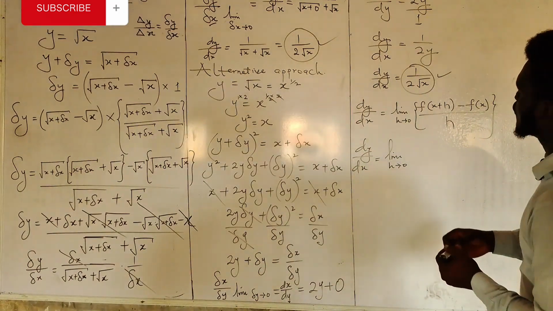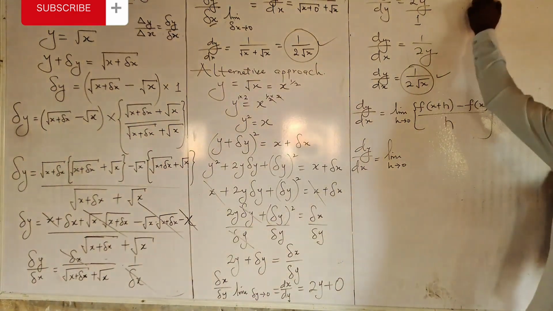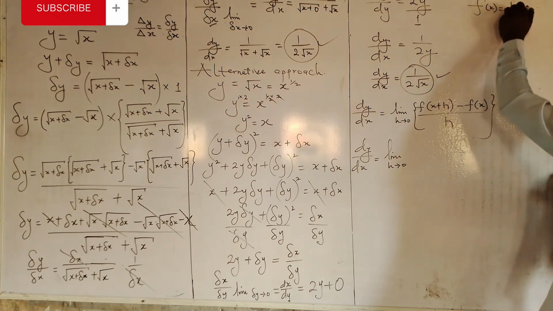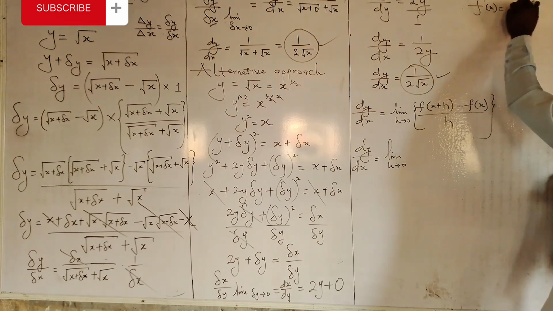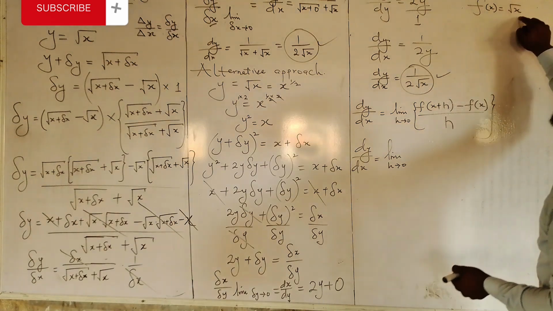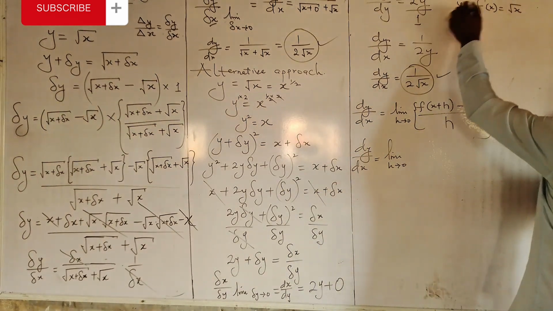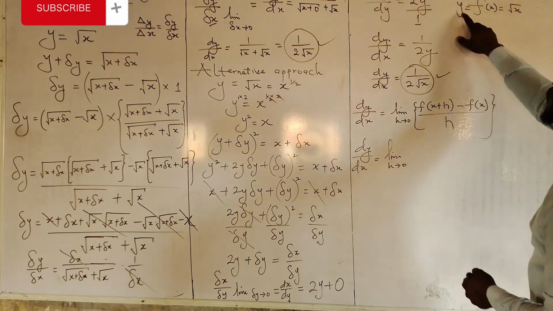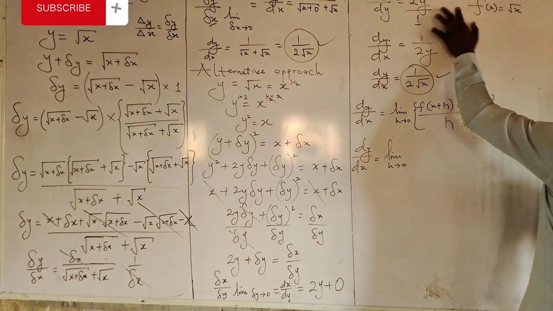Mind you, we've got to the function of x. What was the function of x? The function of x is the square root of x. Yes, that's the function of x, because that's y. If you have done functions in mathematics, a function is referred to as y. So you can rewrite that as the function of x.